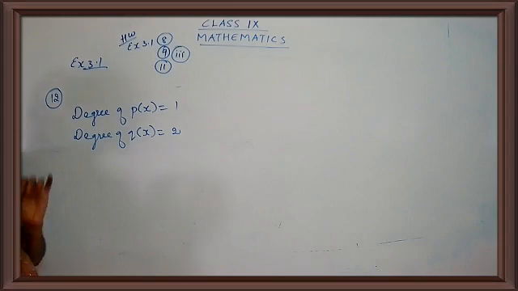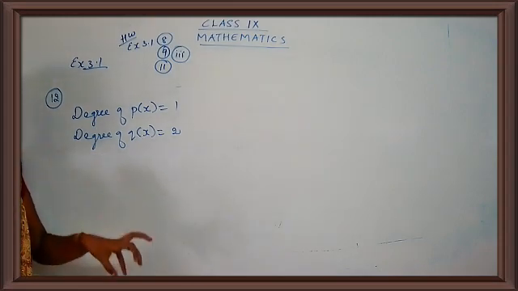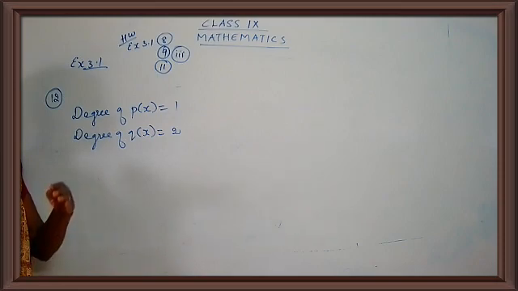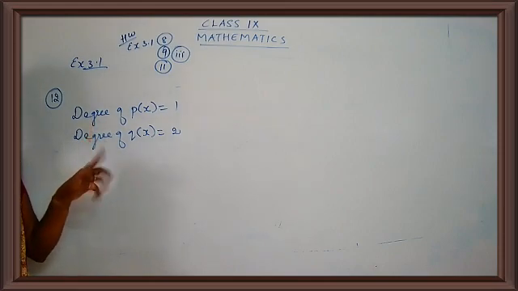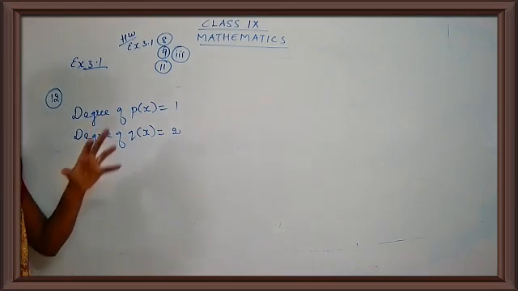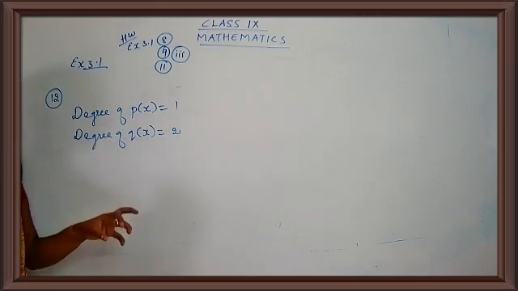I have told you that we have 7 types, but the 7 types are categorized into 2. The first 3 are on the basis of terms. Monomial means 1 term, binomial means 2 terms, trinomial means 3 terms. But here I don't have any idea about terms. I know only about the degree.